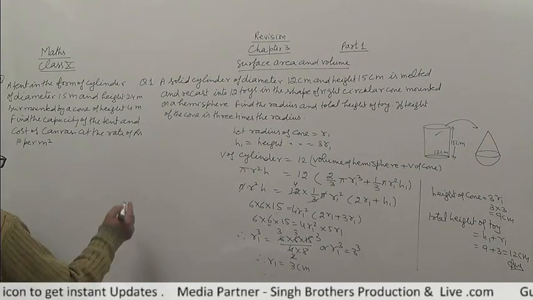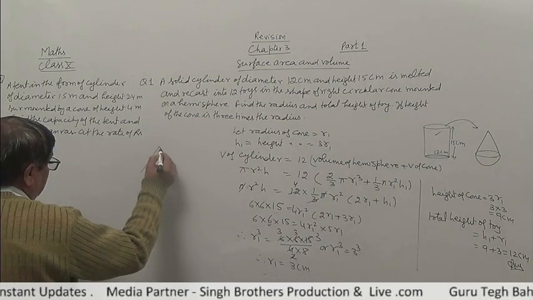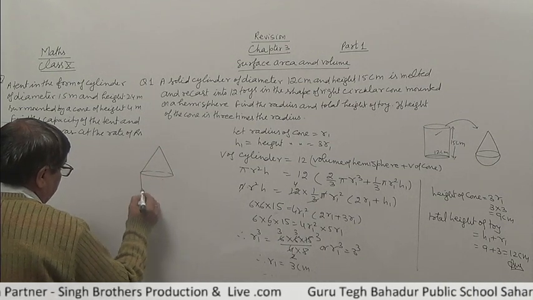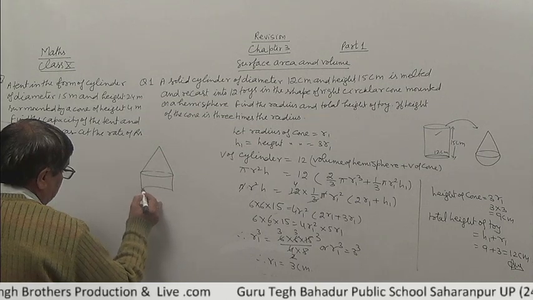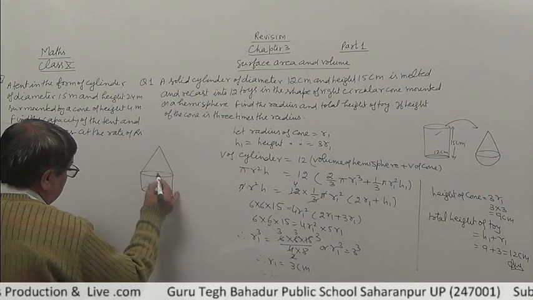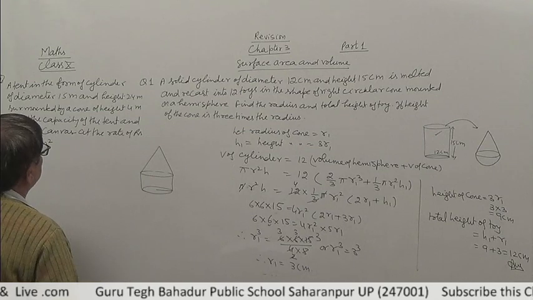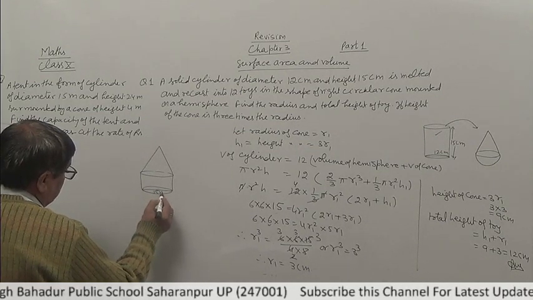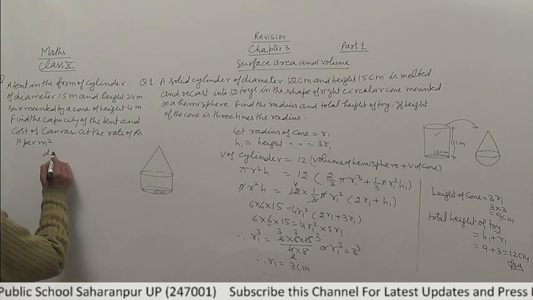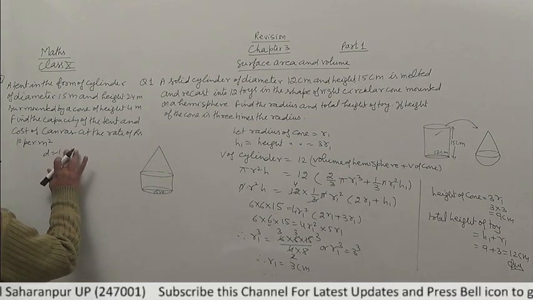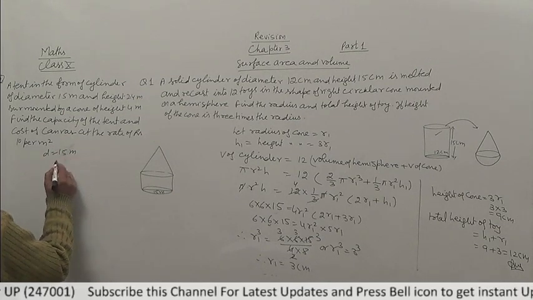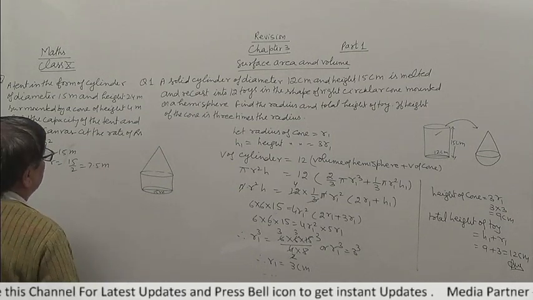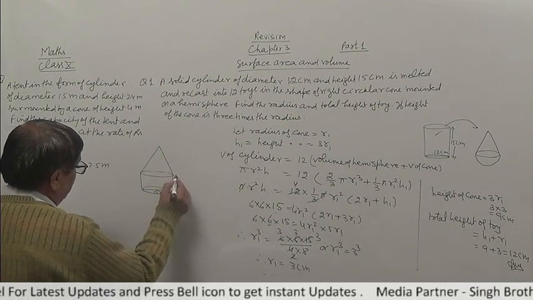Now see it, this is the tent. It is in cylindrical shape. This is the radius, diameter is 15 meter. The radius is 15 upon 2, 7.5 meter. Height is 2.4 meter.